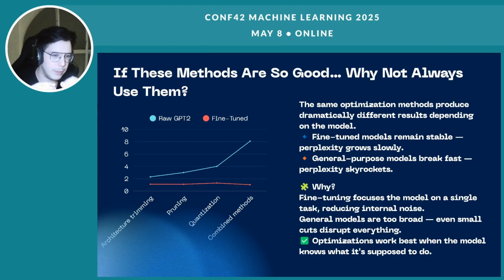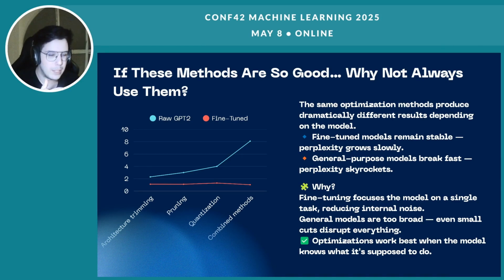Fine-tuned models remain stable: perplexity grows slowly or not at all, while general-purpose models break fast, and perplexity skyrockets. Fine-tuning allows us to focus on a single task, which reduces internal noise. General models, in contrast, are too broad. Even small cuts will disrupt everything.